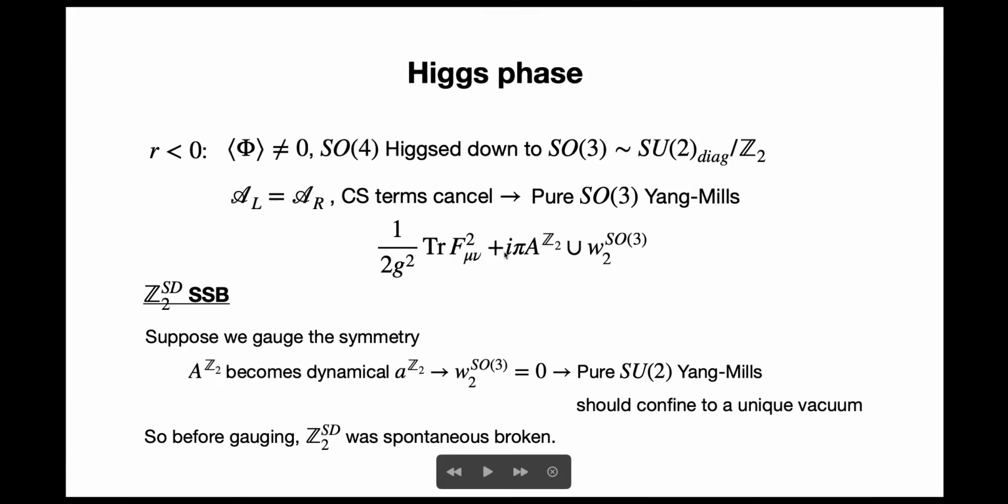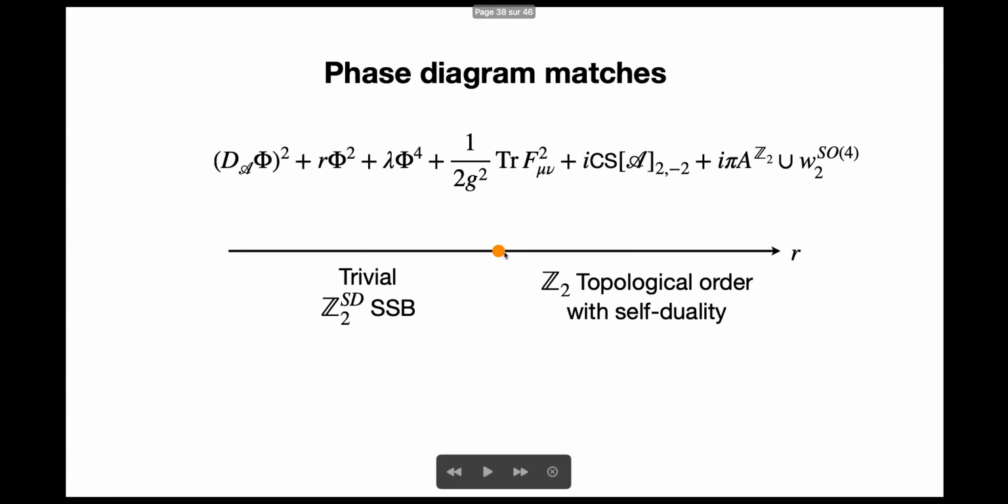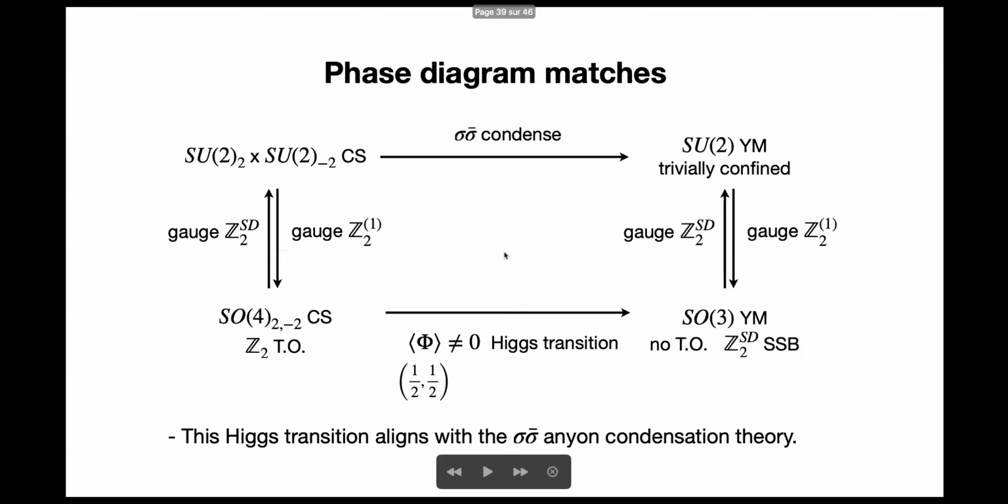We just expect it should have two degenerate ground states. Oh, I see. So that corresponds to the first order transition line. Yes, yes. Yes, so at the level of the field theory, the phases indeed match with the numerical results.